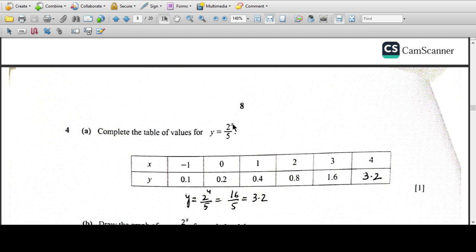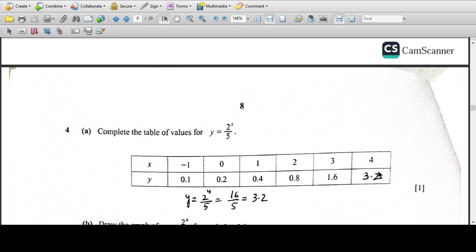If x is 2, then 4 upon 5 is 0.8. 2 power 3 is 8 divided by 5 is 1.6. 2 power 4 is 16 divided by 5 is 3.2.